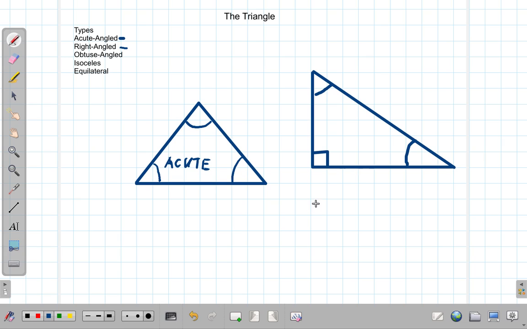If you have a geometry set, you will have 2 set squares in it, or if you are doing technical drawing, the most popular set squares are in the form of right angles. In one form you have a 30 degrees and a 60 degrees, then you have the 90.